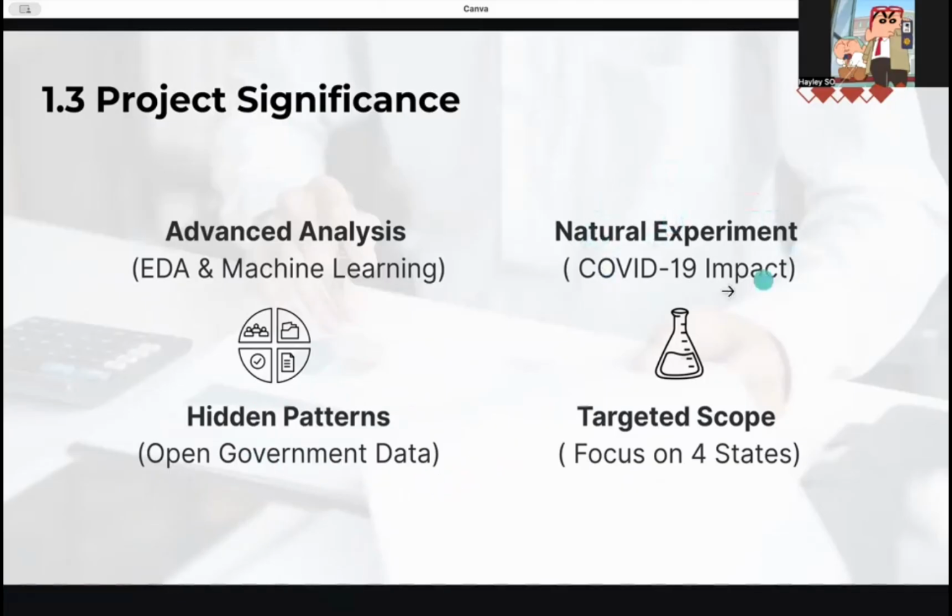Third, our timeline includes COVID-19 periods, so we can see how these states recover from this major shock. Finally, although this study only focused on these 4 states, this more focused comparison still provides meaningful insights.